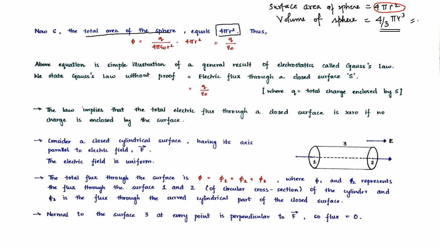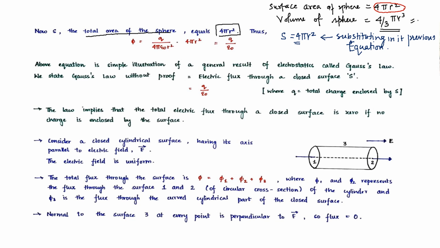Here the only value which is required is 4 pi R square. Now this area is 4 pi R square, and we are substituting this value in our previous equation. We'll say equation because it's still not a formula.